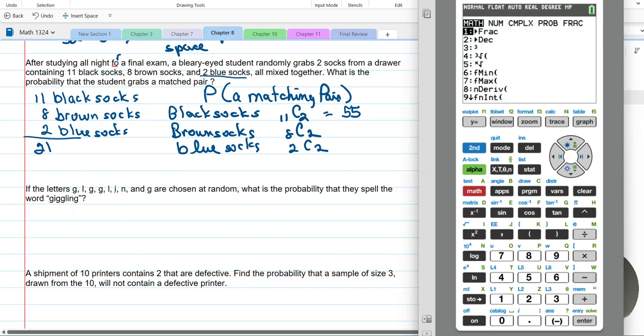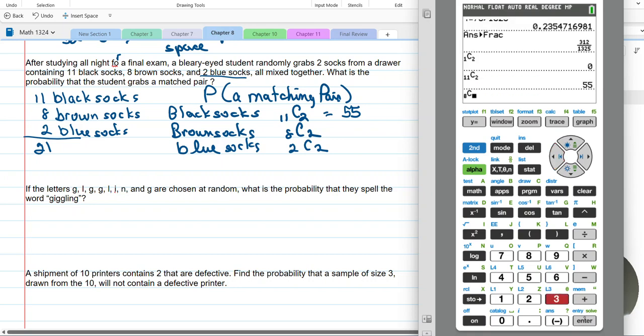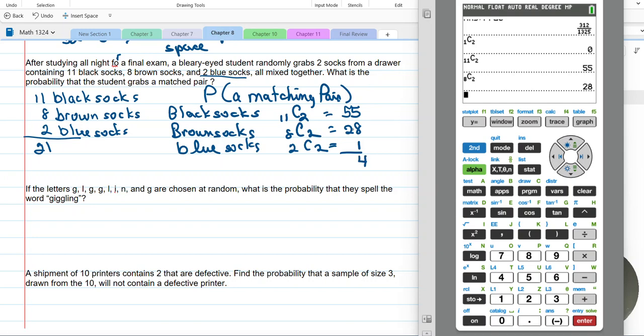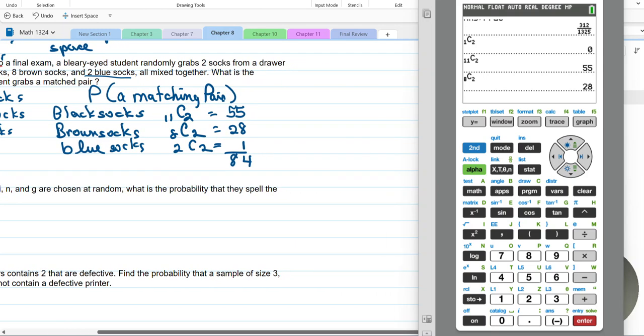Eight, math, PROB, number 3, and we're choosing 2. 28. And if we're lucky enough, 1. That's 13, 14, carry the 1, 6, 8. 84. Okay. So there are 84 ways to pick a pair.